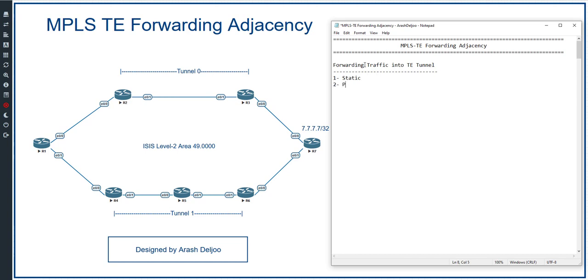The second method is policy-based routing, or PBR, which you also learned about in previous videos. And in another previous video, you learned about the auto route announce feature.